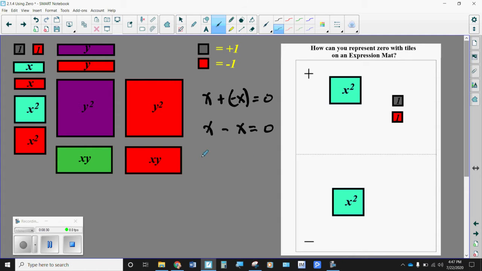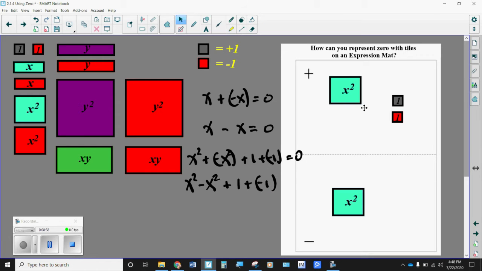So let me go ahead and show. First one we had was x squared plus a negative x squared plus 1 plus a negative 1, right? Here's a 0 pair, here's a 0 pair, it's equal to 0. And in this part, it's just me taking the x squared minus an x squared, they cancel each other out, and then the positive 1 plus a negative 1.